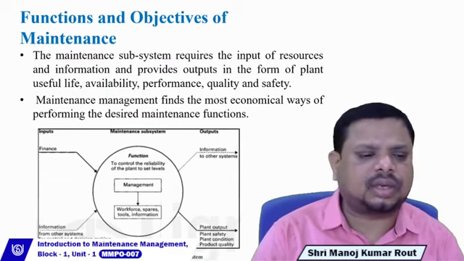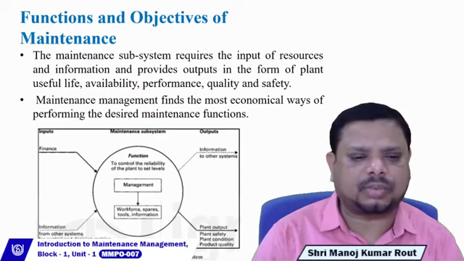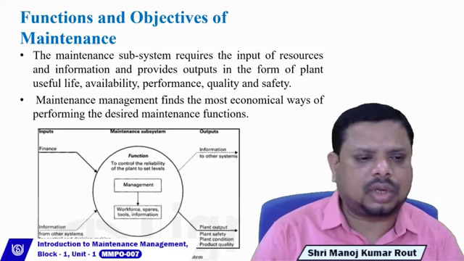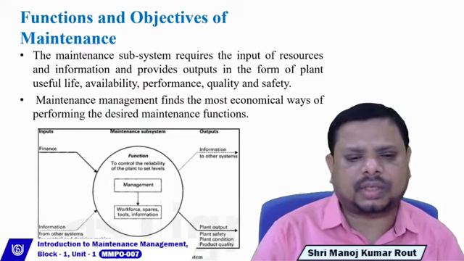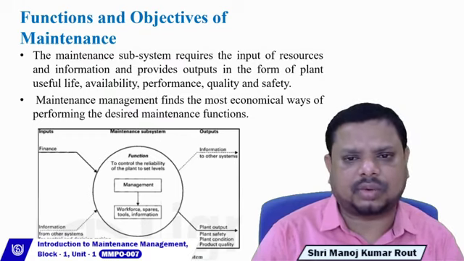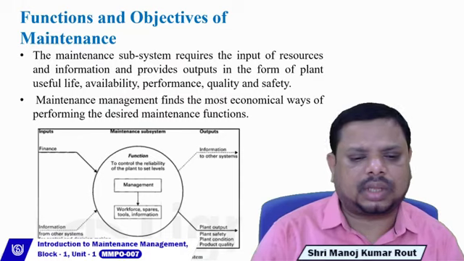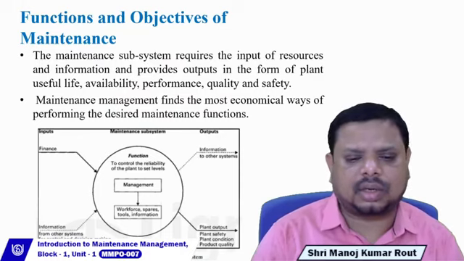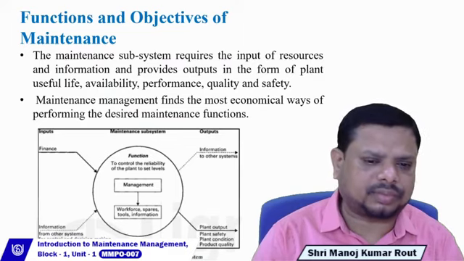So finance, information, other systems, control and decision making are taken as inputs. And what are the outputs? When the company invests a large amount of money, the outputs are, first, plant safety, next plant condition, and next a higher side of product quality.